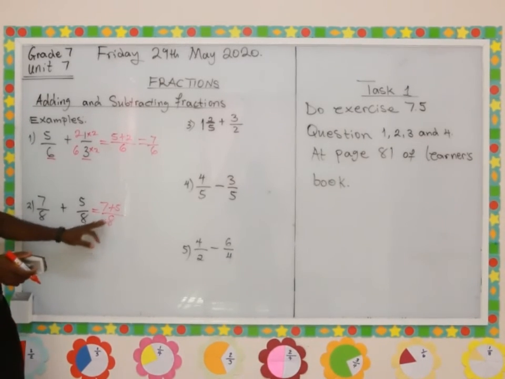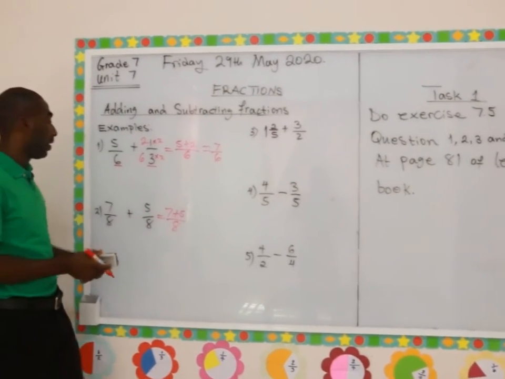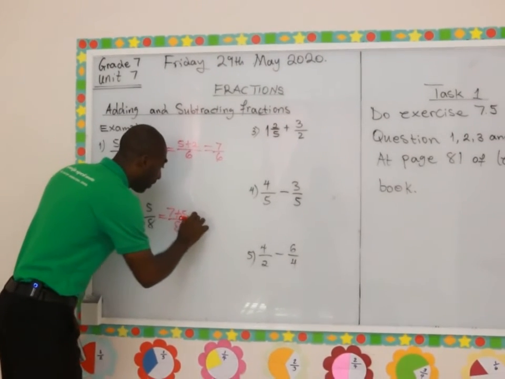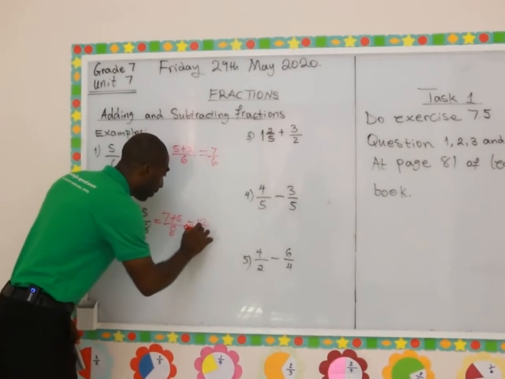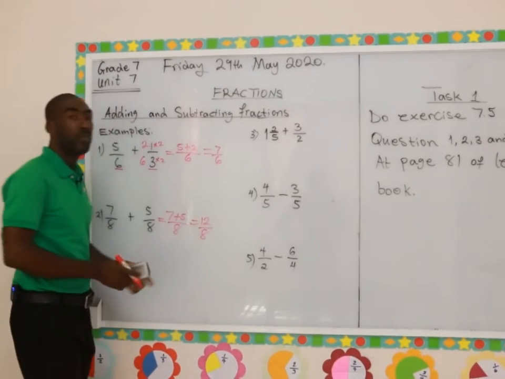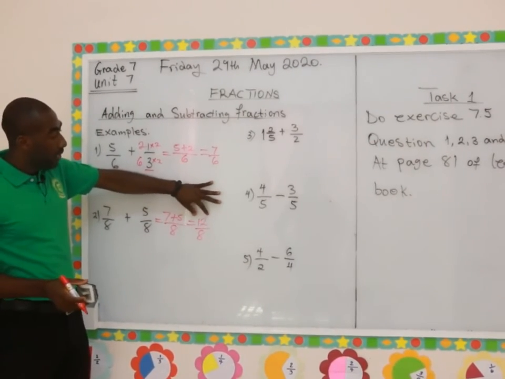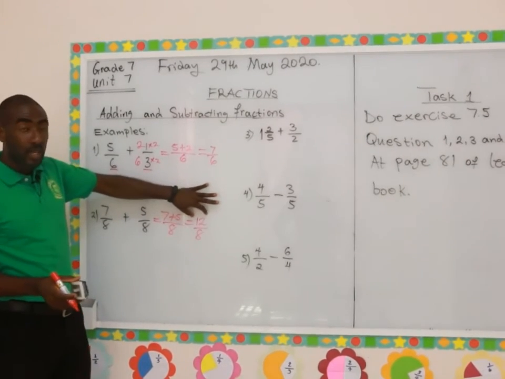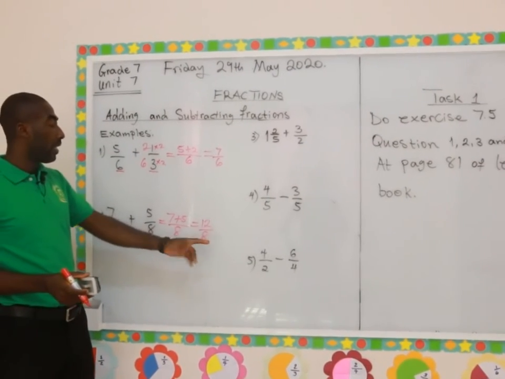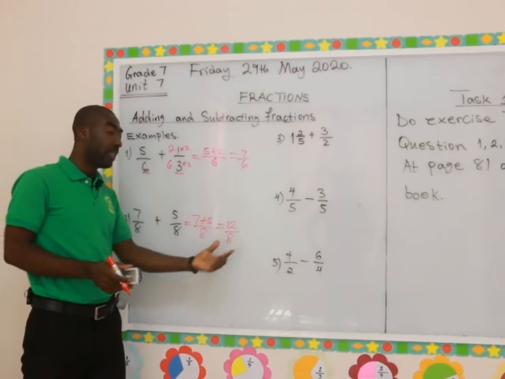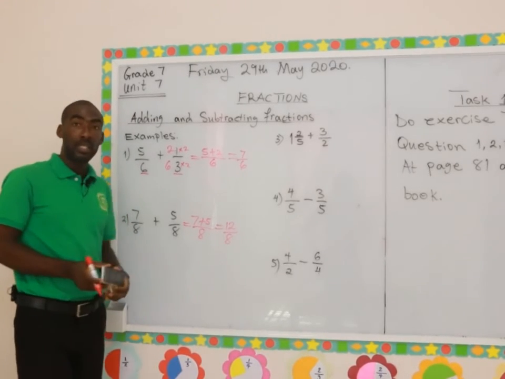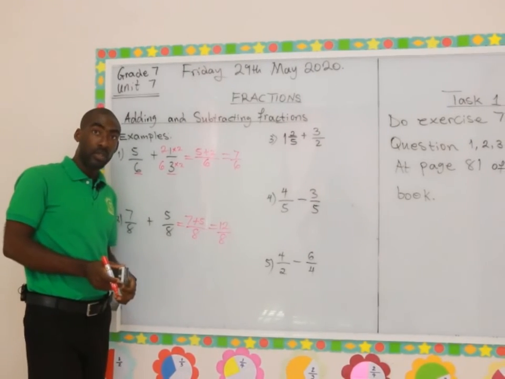That will give us 12/8. But we can still reduce our fraction here because there is a figure that can divide 12 and can divide 8 as well, right?